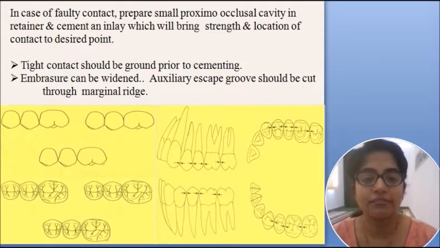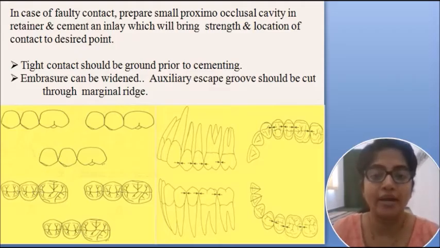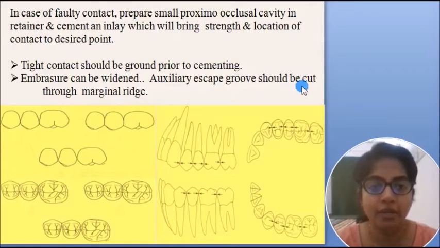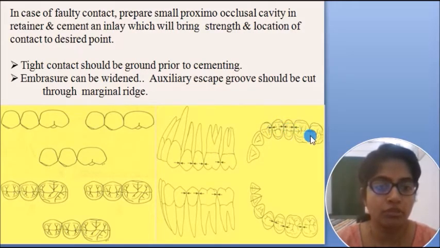In case there is a faulty contact, we should prepare a contact in such a way that it is ideal. Now the ideal location of the contact is shown in this picture. Whenever we are making an FPD, we have to make sure that such are the location points of the contact when we see from the side or buccal view, and when we see from the occlusal view, this is the location of the contact points.